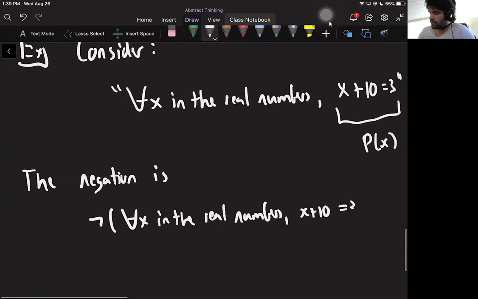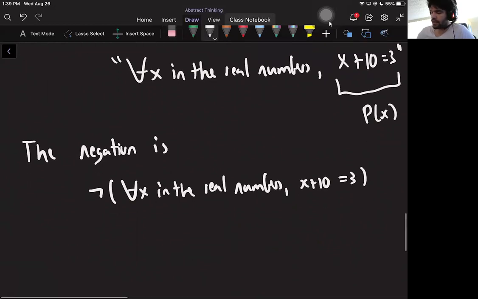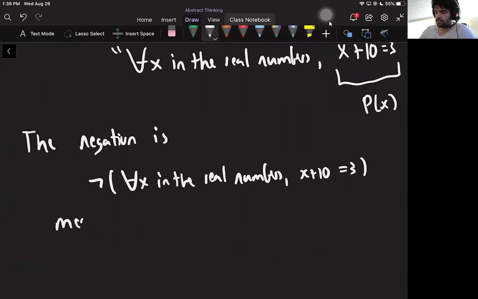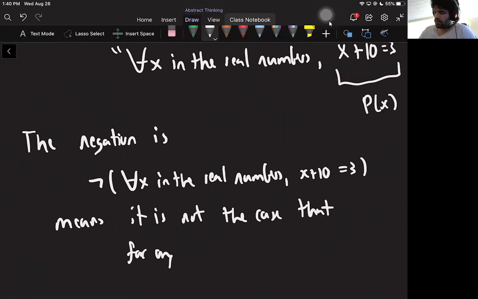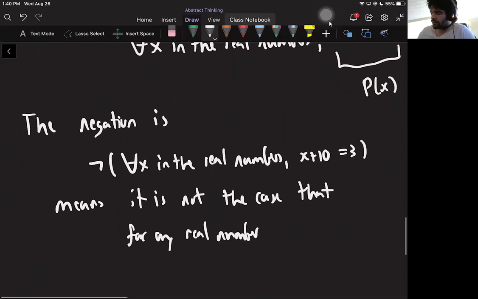Well, what you're saying in plain English is that it is not the case that this happens. So it is not the case that for any real number x, just saying it slightly differently, x plus 10 equals 3.